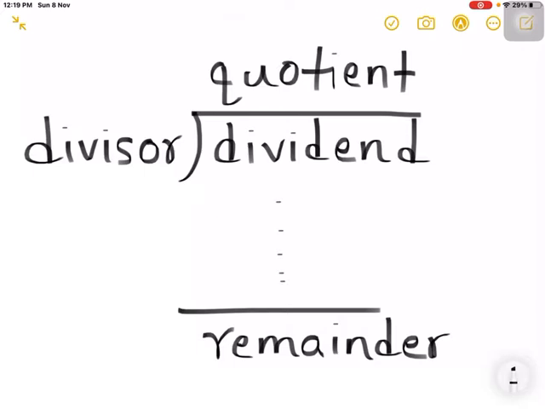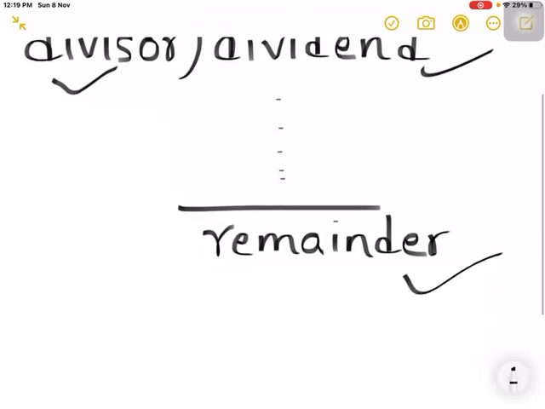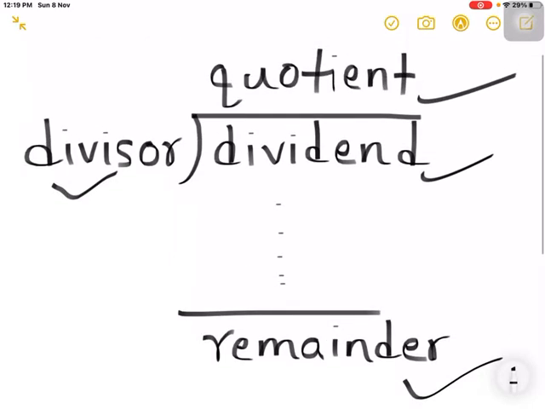The number which you divide is the dividend, isn't it? The number by which you divide is the divisor. The answer you got is the quotient, and the number left is the remainder, isn't it? We are very well known about these words: quotient, divisor, dividend, and remainder.